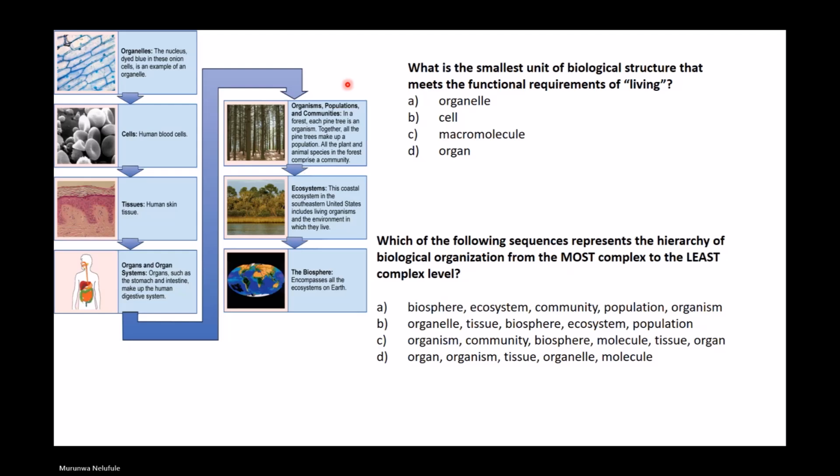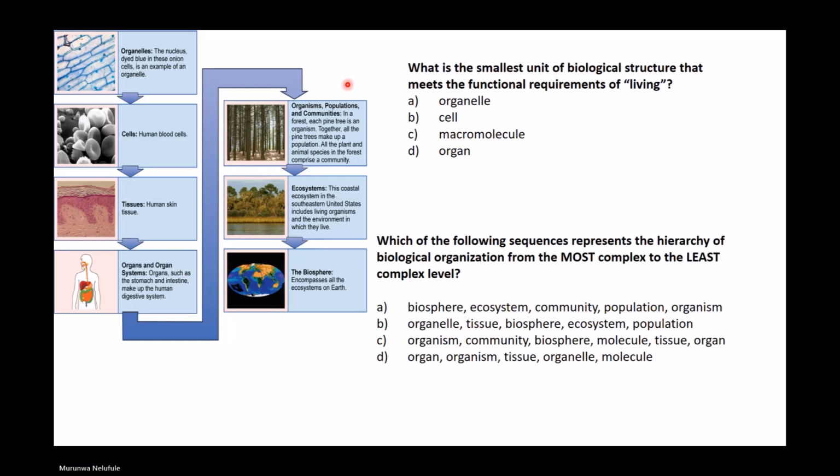I chose A because a cell is the smallest unit of life, not the smallest unit of biological structure that meets the functional requirements of living. And the one who chose B, what can you tell us? I chose B because the statement says that the unit meets the functional requirements of living.